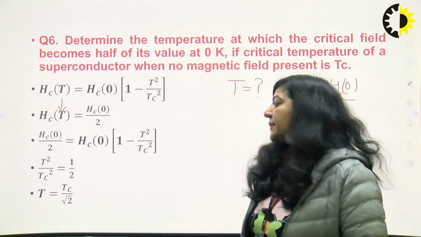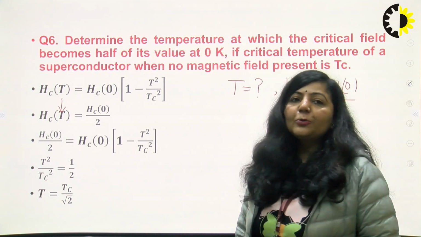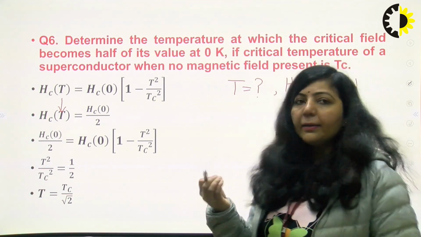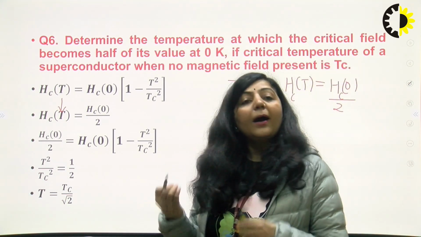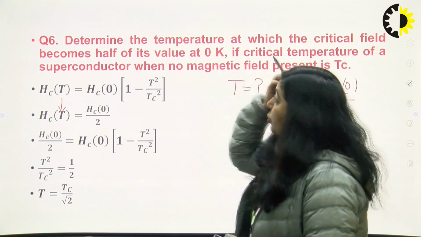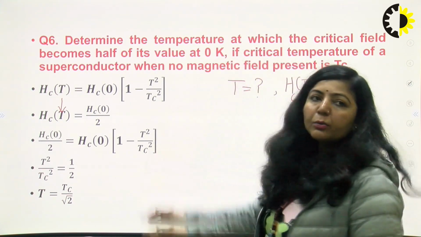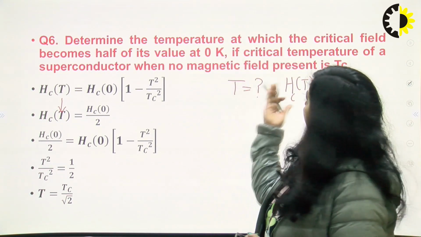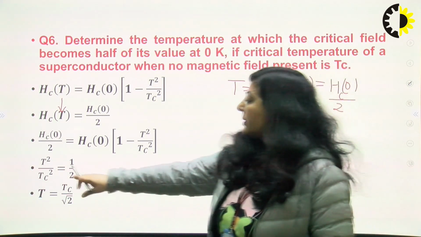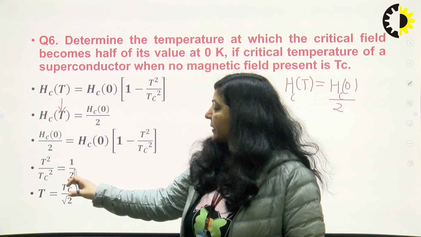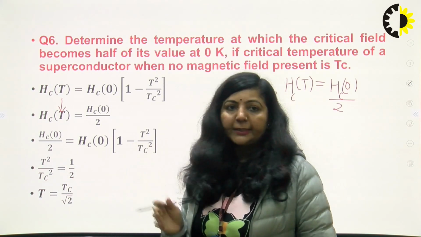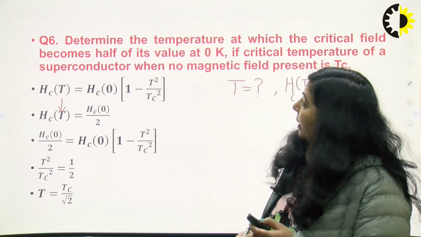So this will be T equals Tc upon root 2. This is the way to find the temperature at which the critical magnetic field is half of the maximum critical magnetic field, which is HC0. If the critical temperature is given in the question, for example 8 Kelvin, then you will get the value of T as 8 Kelvin upon root 2. So this is a way to find this temperature.